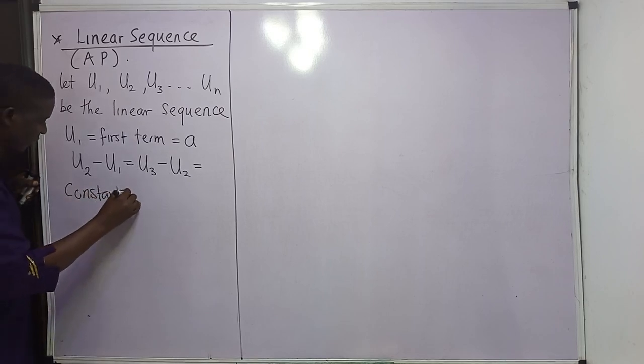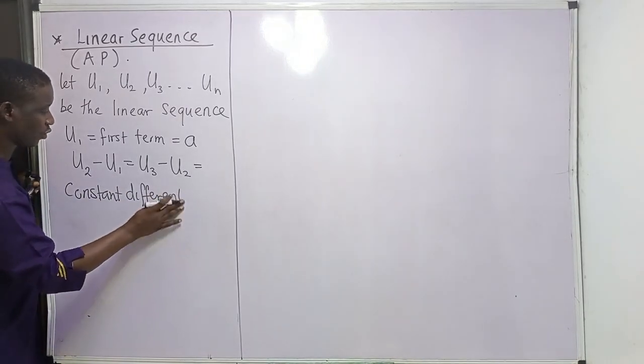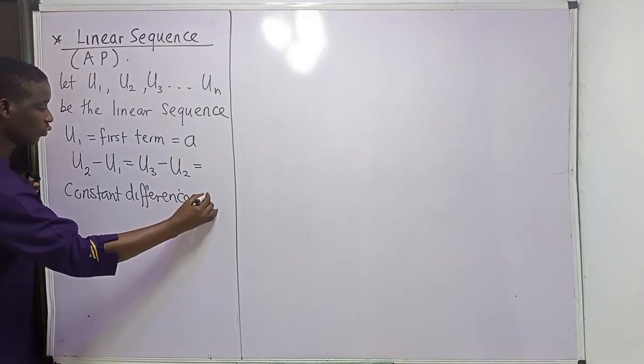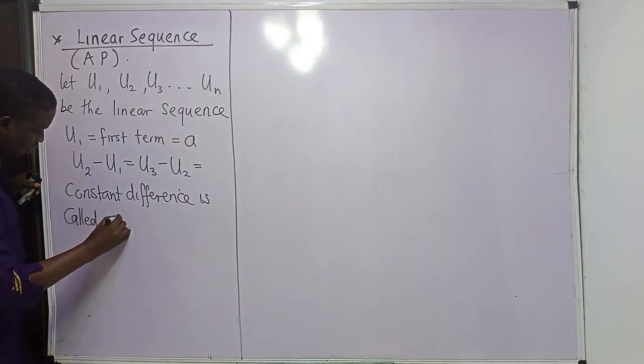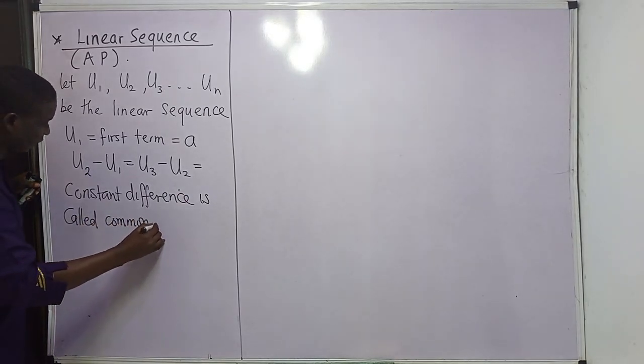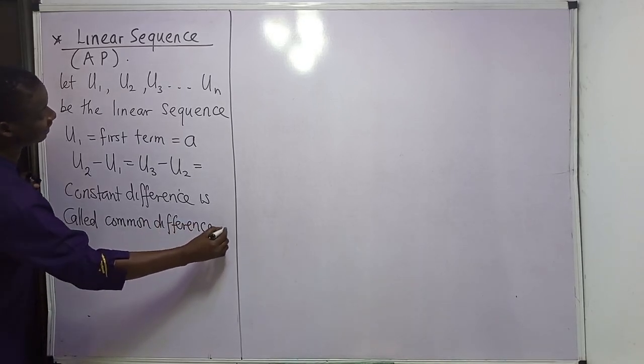That constant difference is called the common difference, if the sequence is actually a linear sequence.